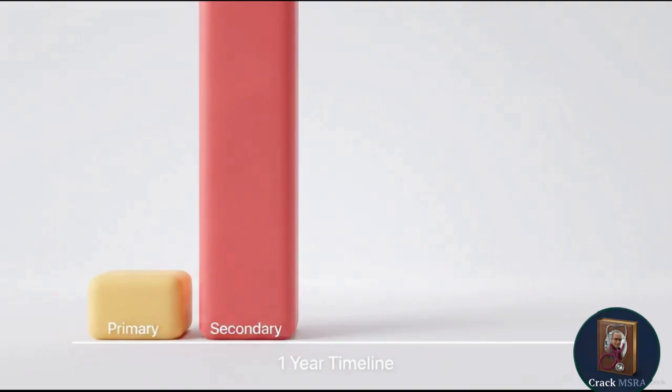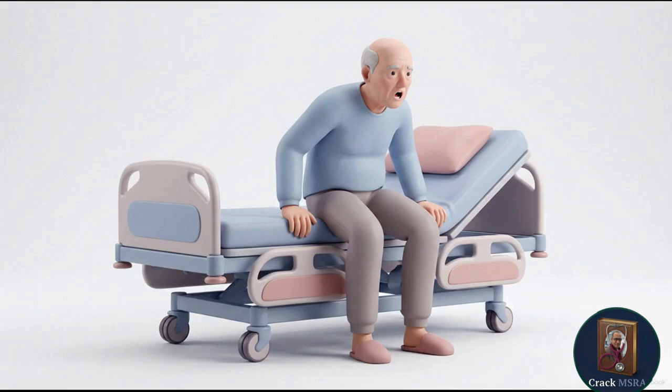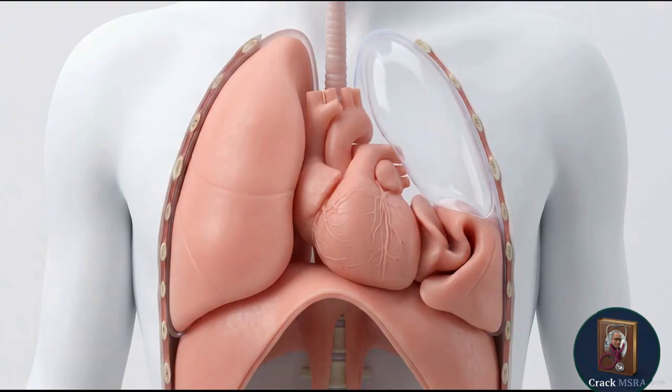Because of this structural failure to heal, secondary spontaneous pneumothoraces have a significantly higher recurrence rate within the first year compared to primary events. Patients with these chronic conditions have very little pulmonary reserve. This means even a small volume of air in the pleural space can lead to rapid and severe physiological collapse.